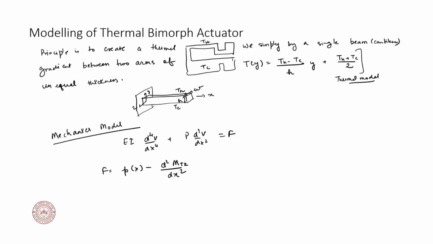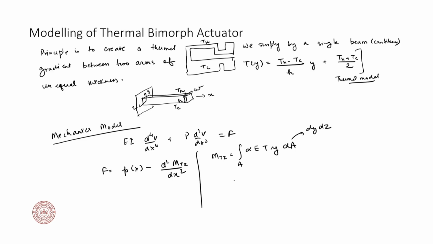All right. Now, we can find out MTz, which is equal to the integration over area A of alpha E T into y into dA. What is dA? dA is dy dz, and the integration is over the yz plane. The area is w into h. Again, T is a variation along y.